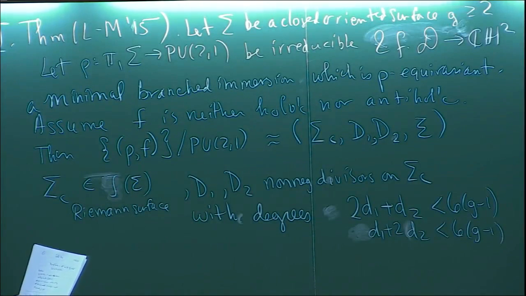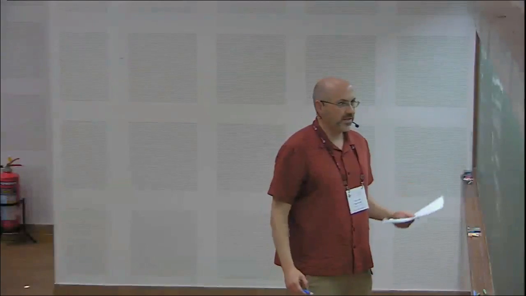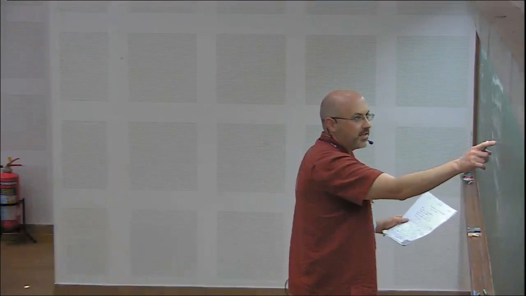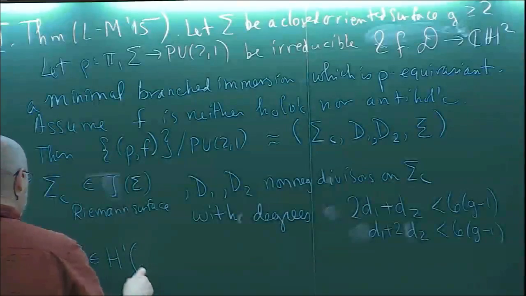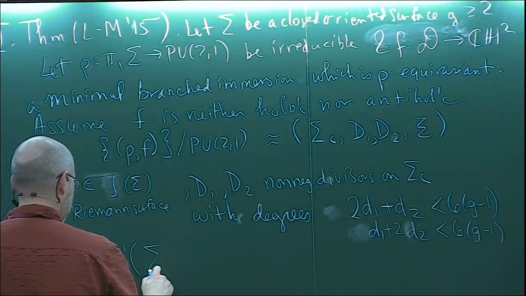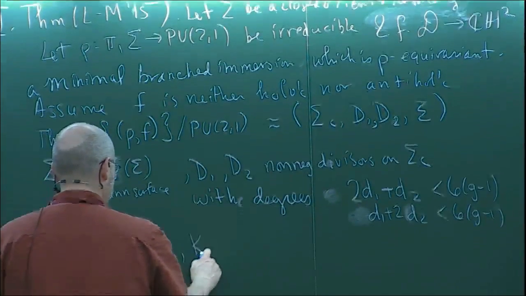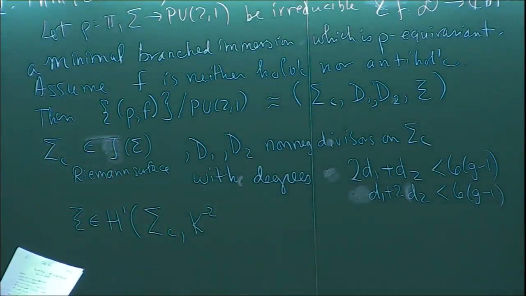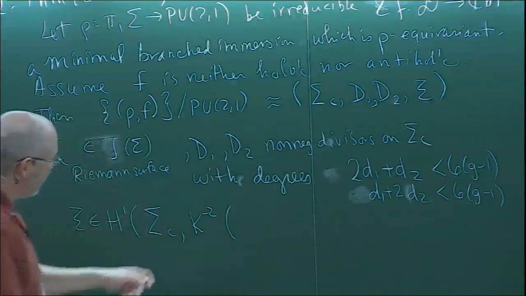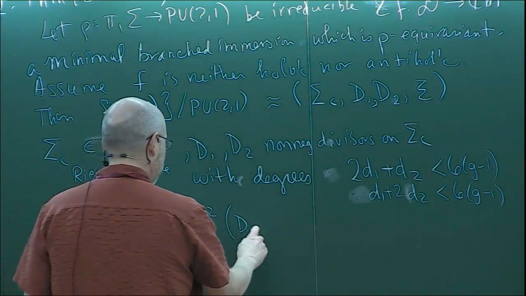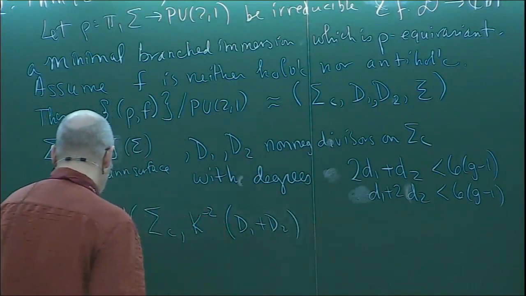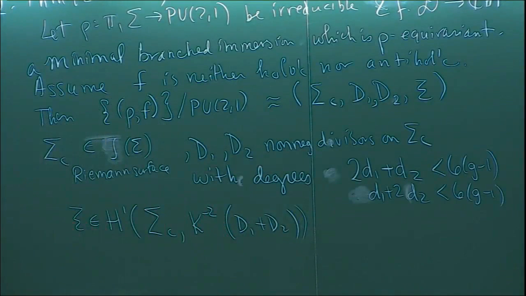All right. And similarly, this C is also going to be an element of the following cohomology group. On the Riemann surface, we're going to consider the line bundle which is the negative 2 power of the canonical bundle, twisted by D1 plus D2. Okay?